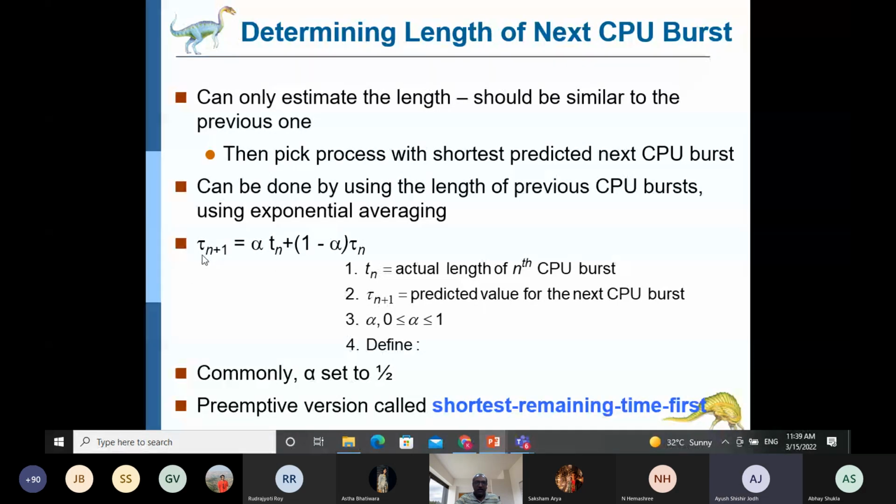What this relation indicates is that when you are predicting the n plus 1th CPU burst, right now you are at the nth time instant, and you want to predict the CPU burst for the next, n plus 1th, instant. For that we take t of n, because t of n is already observed: whatever CPU burst time the process has taken at the nth instant.